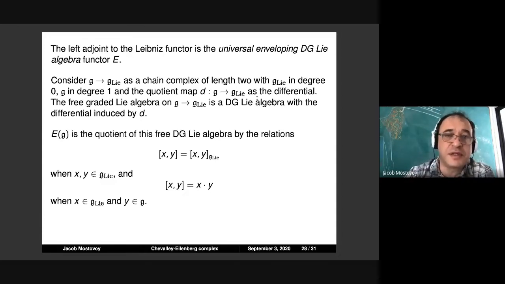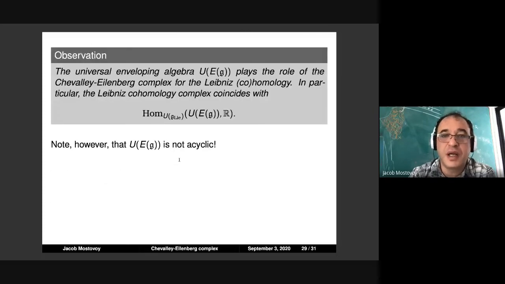So basically, we consider the Leibniz algebra as a chain complex of length 2, take a free algebra and quotient it by the smallest relations that we have to. So this way we get something which can be described explicitly. And if we take the universal enveloping algebra of that, then we get the Leibniz cohomology.